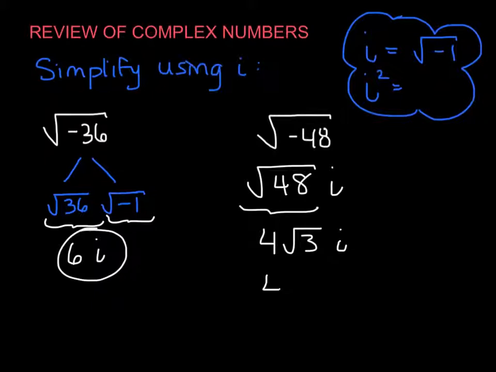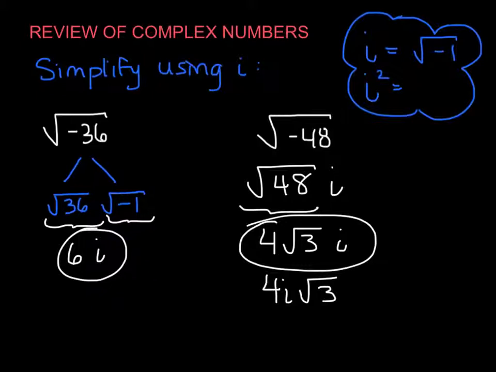I tend to write it as 4i radical 3, only because then you can clearly see the i is not under the radical. Sometimes when people write it the other way, which is not wrong, if you're messy with that square root and can't tell where it ends, it's hard to know where the i is. So either one is fine, but I tend to go with the second one.